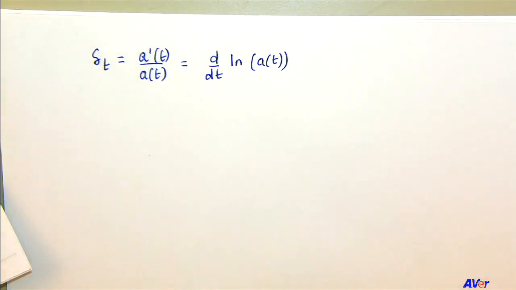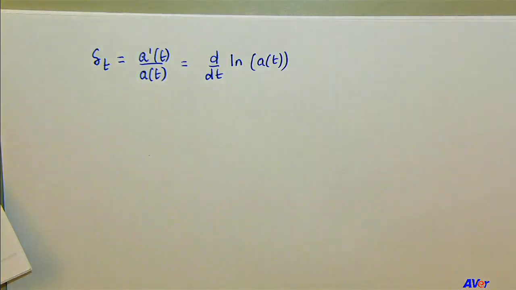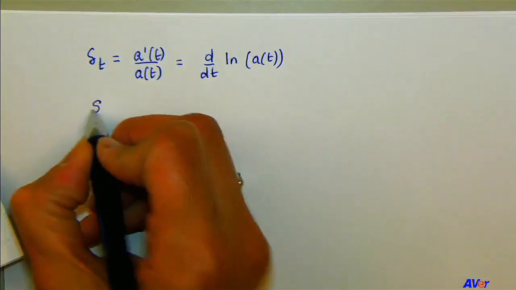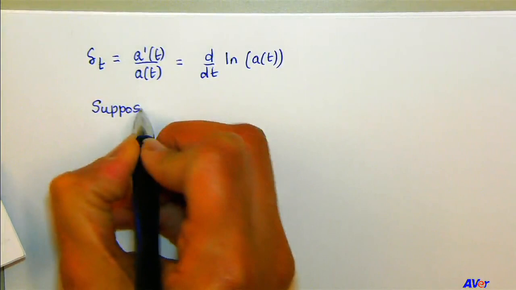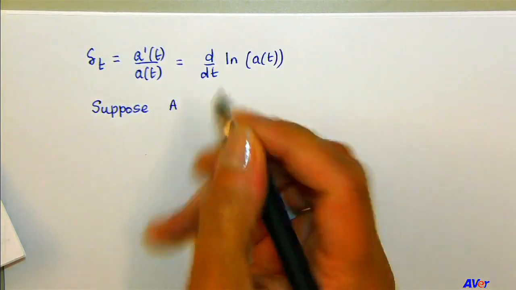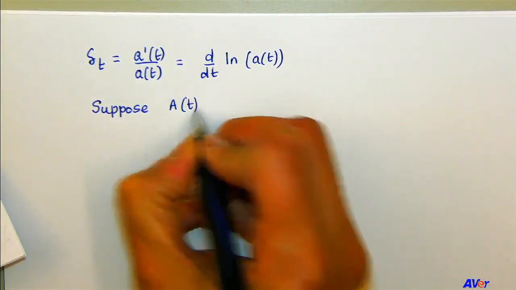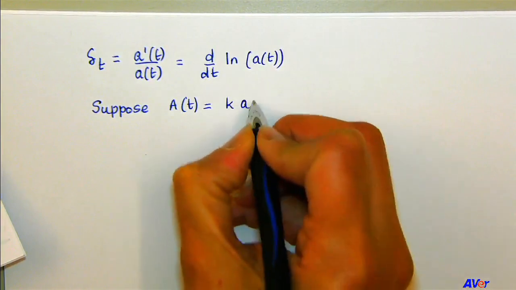So suppose you have capital A of t is equal to k times a of t.